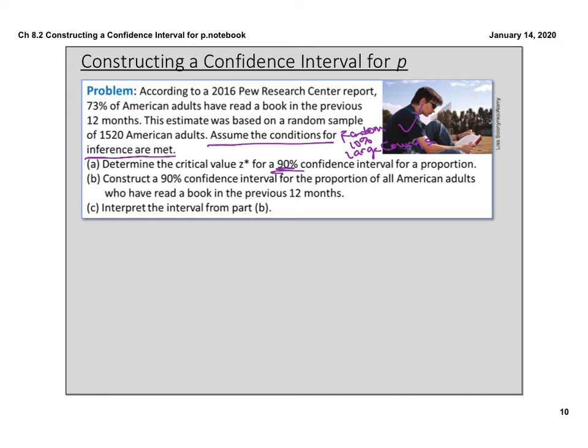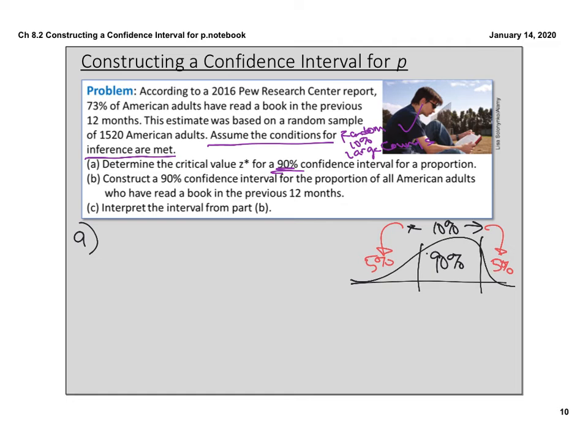All right, so let's talk about confidence intervals and 90%. So here's my normal curve. If I want the middle 90%, that means I've got 10% outside. That means that either side is going to be half of that, which is 5%.